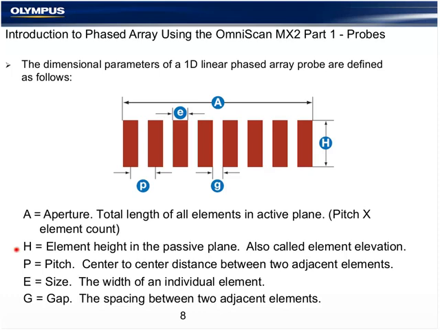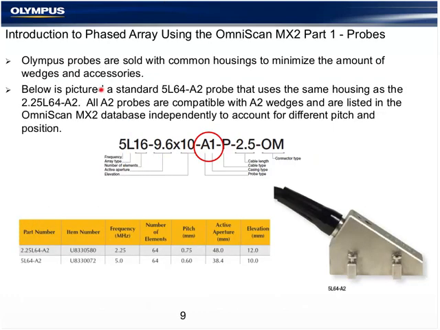The element height, also called the elevation, in this axis, the pitch of the probe is primarily what calculators will use to define the size, and it is a center-to-center spacing. Again, 0.6 millimeters, 1 millimeter is typically what we use for most weld inspections. The Olympus probes come with a housing family that makes compatibility between the different wedges easy.